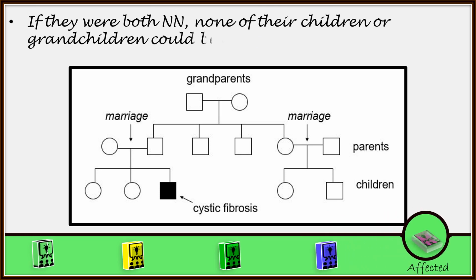If they were both capital N, capital N, none of their children or grandchildren could be affected. That is, they would not have any children affected by cystic fibrosis.